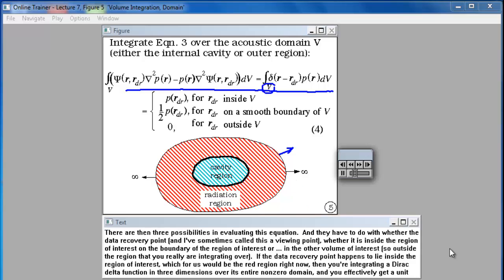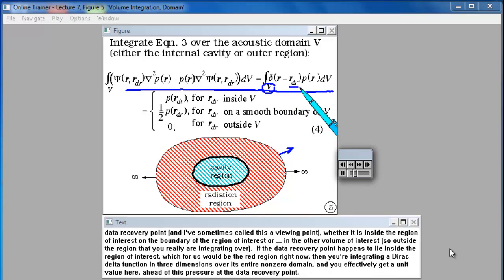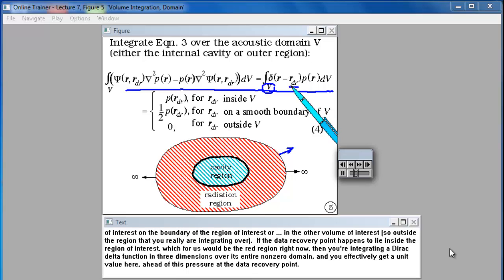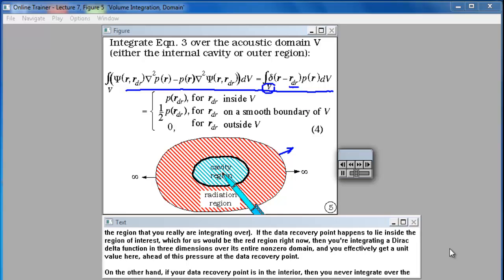There are then three possibilities in evaluating this equation. And they have to do with whether the data recovery point, and I sometimes call this the viewing point, is inside the region of interest, on the boundary of the region of interest, or in the other volume, so outside the region that you really are integrating over.